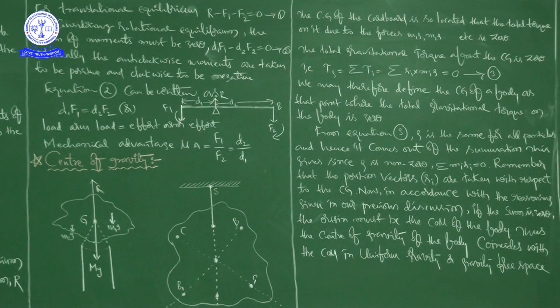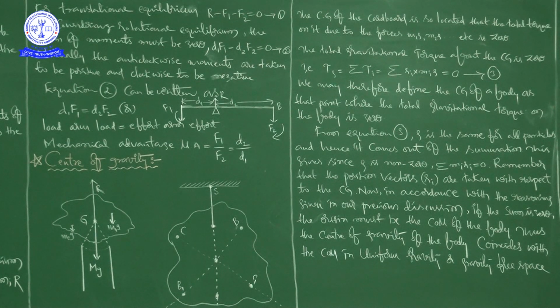It is called the load, and this distance is the load arm. This is called the effort, and this is the effort arm. So D2 is the effort arm.